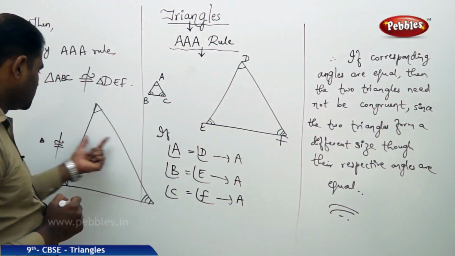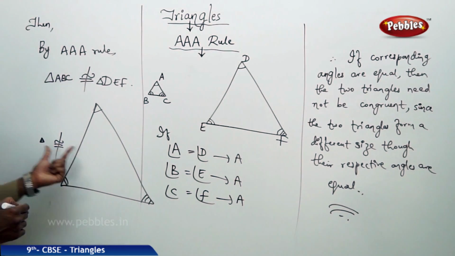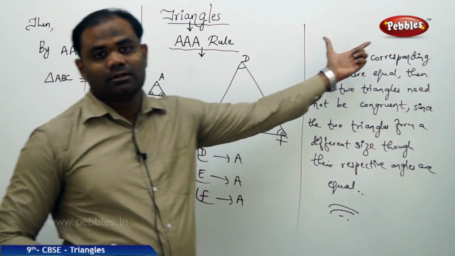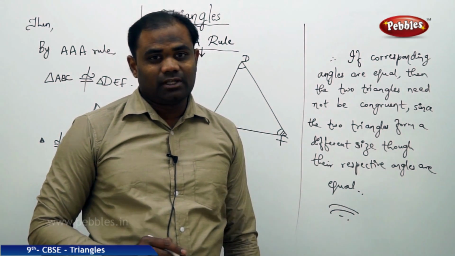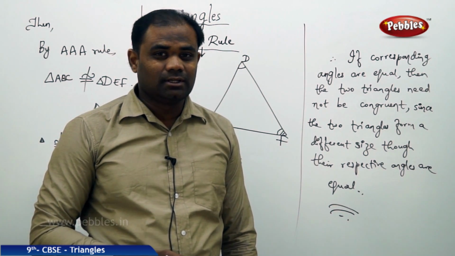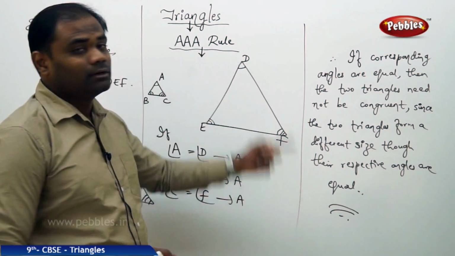The two triangles have corresponding angles equal, but they are not congruent to each other, is how I understand the learning outcome of the AAA rule. Congruency connected with the AAA rule.